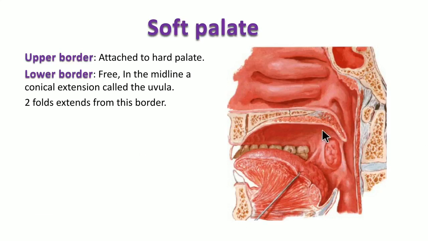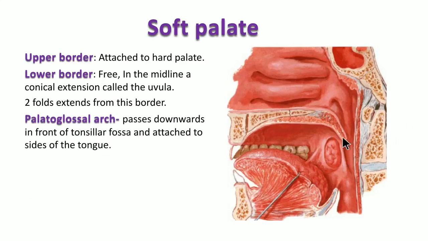The anterior one is called the palatoglossal fold. It passes in front of the fossa for the palatine tonsil, so it passes in front of the tonsillar fossa. And there is a posterior fold, which is called the palatopharyngeal fold, which extends posterior to the palatine fossa.